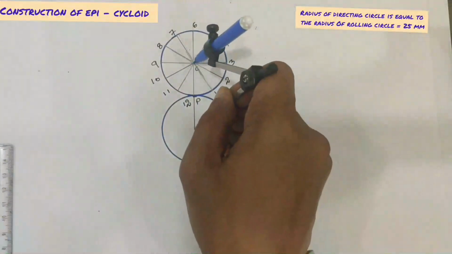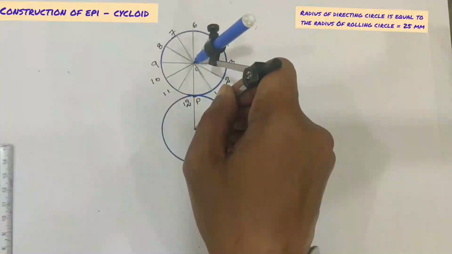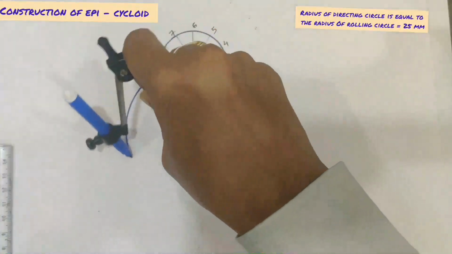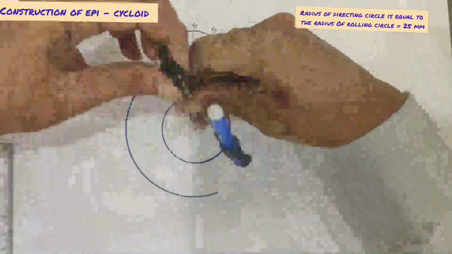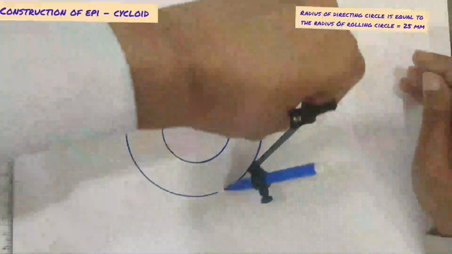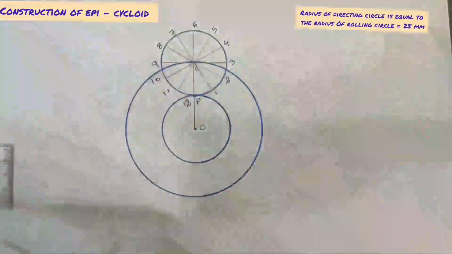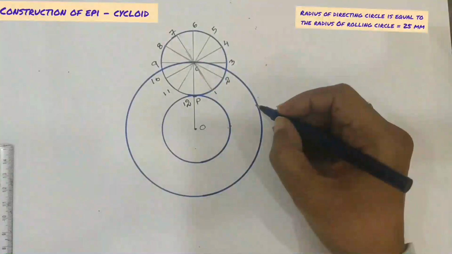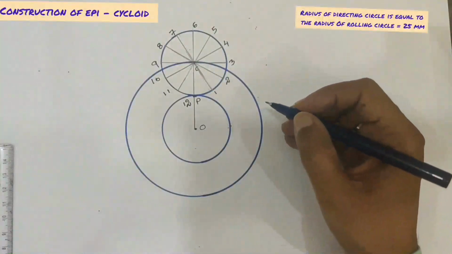After that, O as a center, OC as radius. Draw circle parallel to the directing circle. This circle is called locus of path center for generating circle.